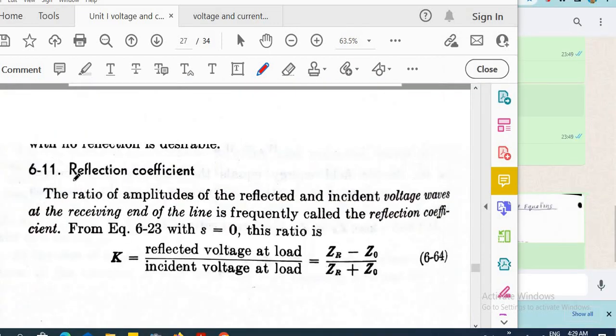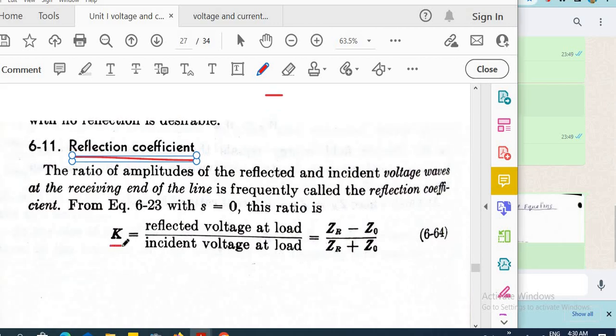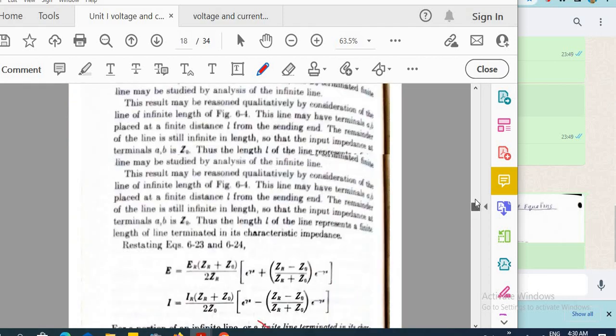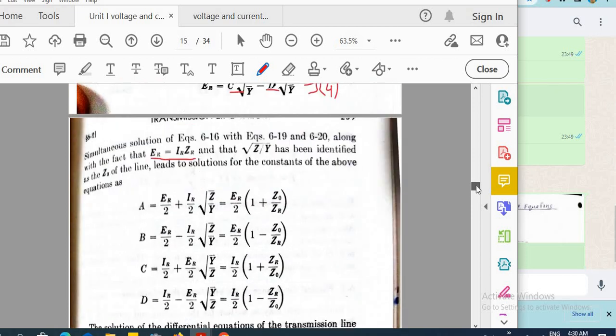We next define reflection coefficient. What do you understand by the reflection coefficient of a transmission line? It is denoted by K. Reflection coefficient tells how much power is reflected from the load, because in the equations of voltage and current on a transmission line, there are always two terms.